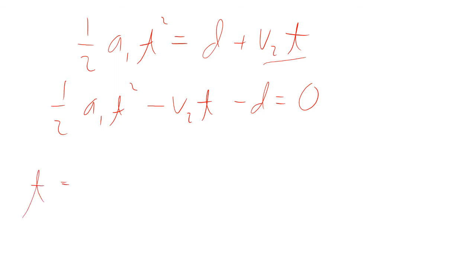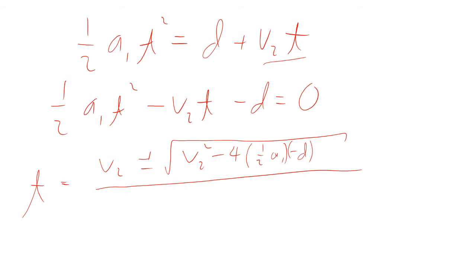So t equals v2 plus or minus the square root of v2 squared minus 4 times 1/2 a1 times, actually minus d, and then divided by 2 times 1/2 a1.